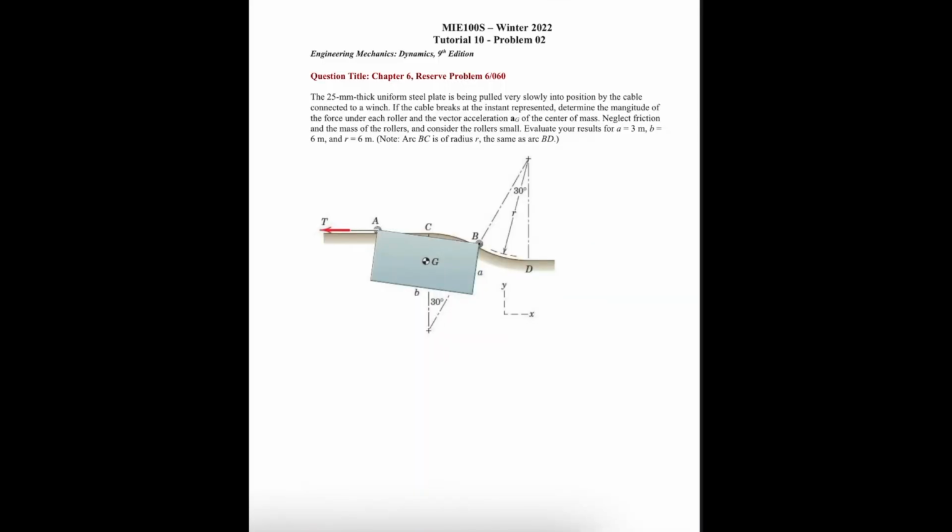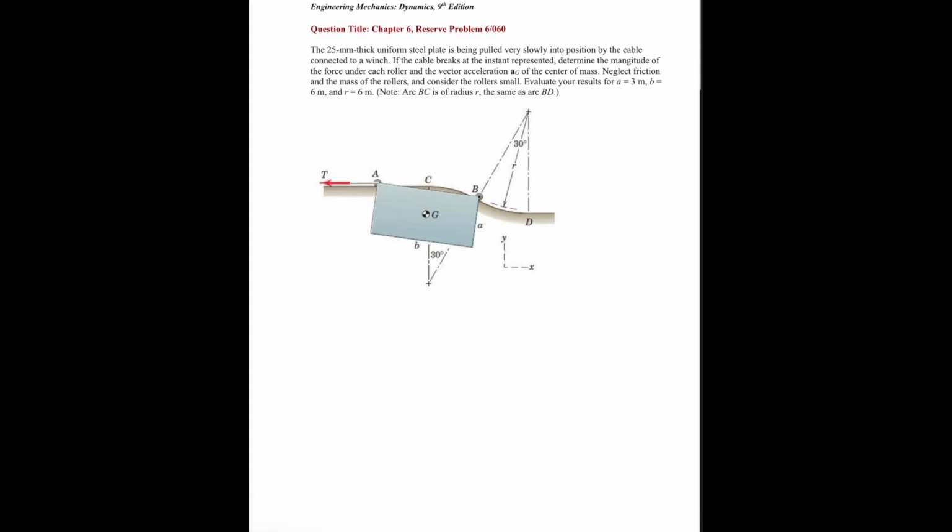Now for problem number 2, it's going to be a little bit trickier, but bear with me. We've got a 25 millimeter thick uniform steel plate being pulled very slowly into position by the cable connected to a winch. If the cable breaks at the instant represented, determine the magnitude of the force under each roller and the vector acceleration aG of the center of mass.